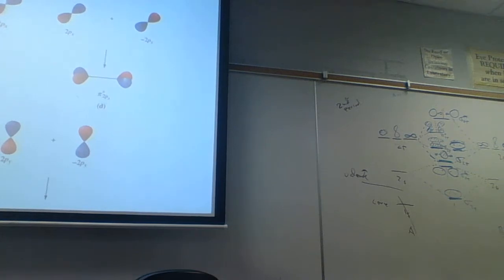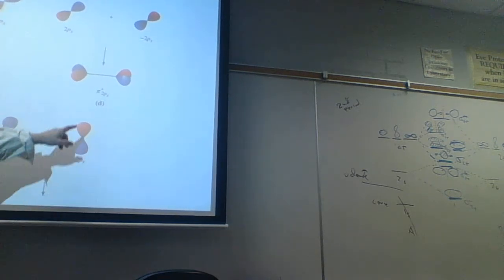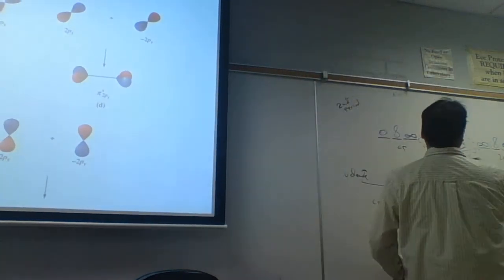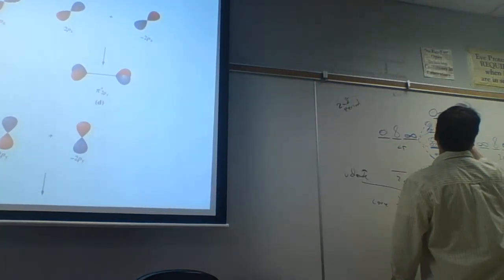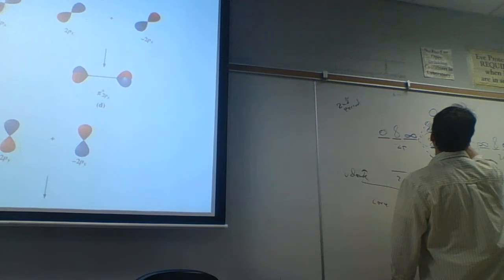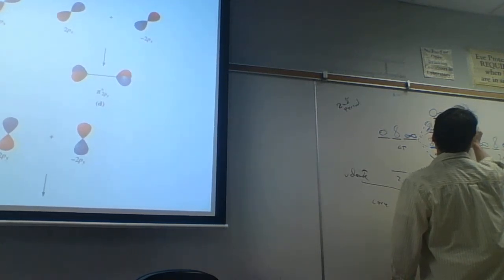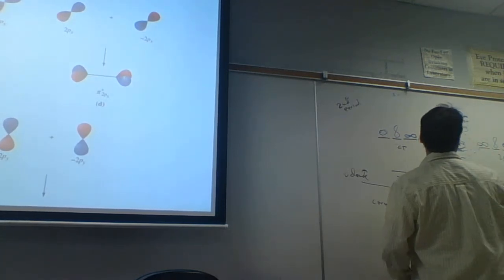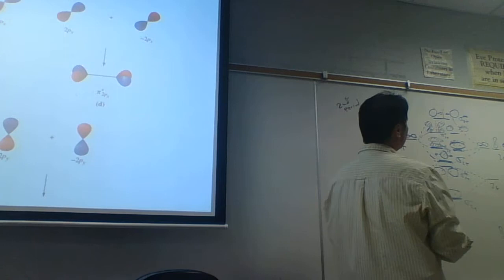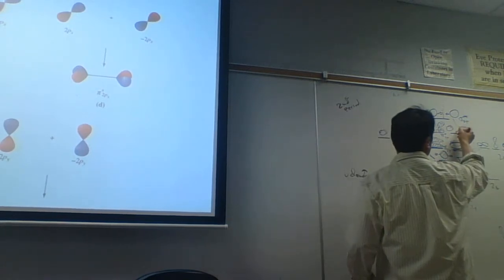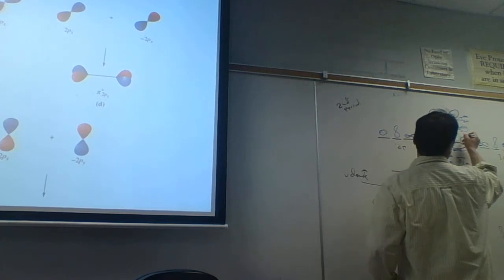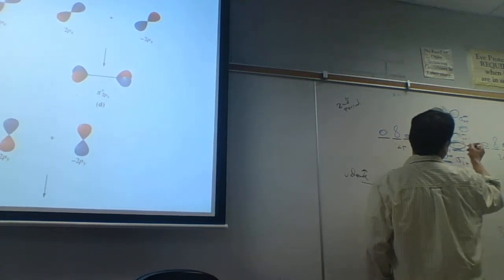And then we're also going to generate the antibonding here. The antibonding is going to have four lobes. Two of the lobes will stick out both sides, and two lobes stick in. And again, there's going to be a node here. And both of these are pi 2p's. Both of them are going to have the same energy, pi star 2p. This is a pi 2p.